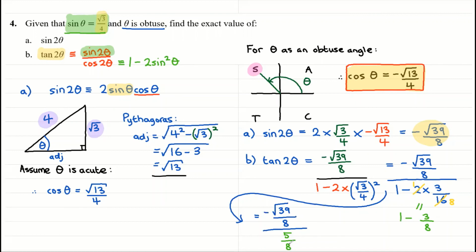And you can multiply the numerator and the denominator by 8, which will give us a final answer of negative root 39 over 5. So I think that's what you're going to get for tan of 2 theta.